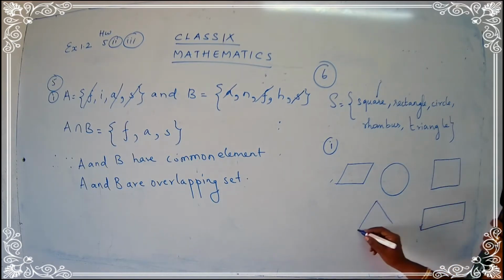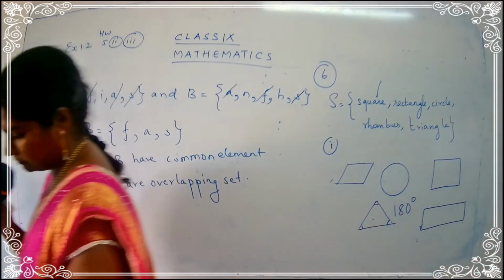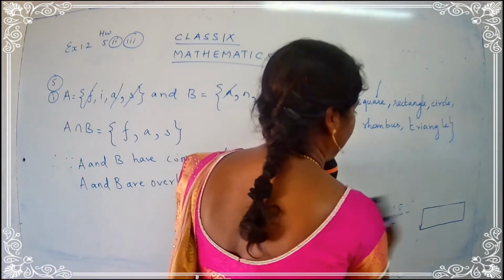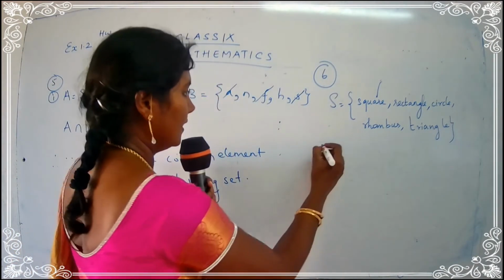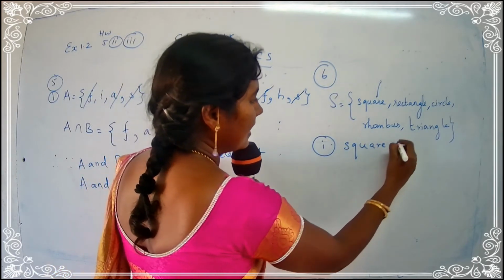It's a 3-sided figure, and the sum of all the angles of a triangle is 180 degrees. So let's write down the answer. Write directly the answer as square and rhombus.